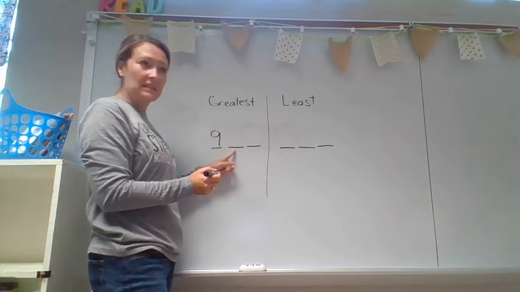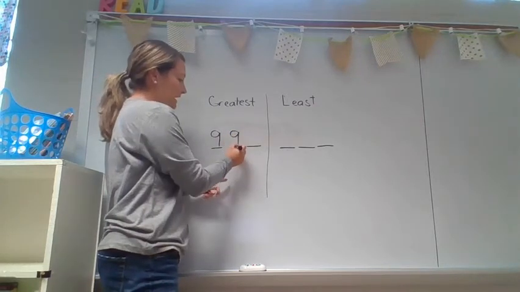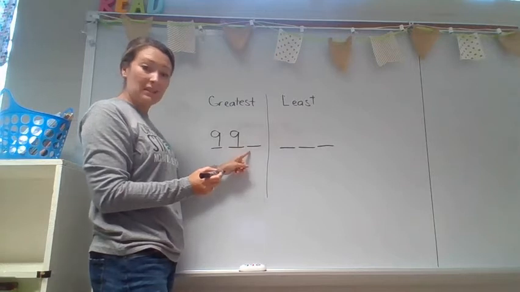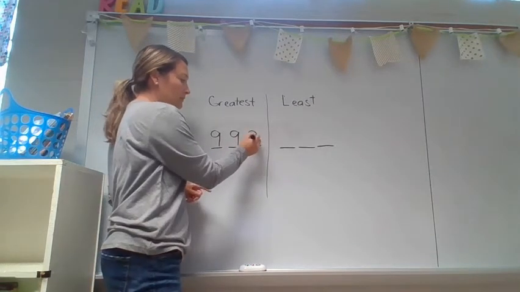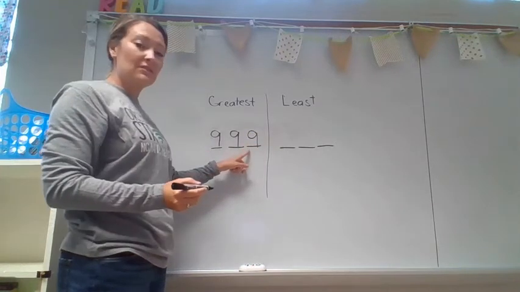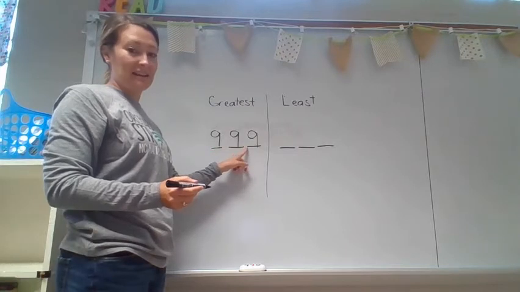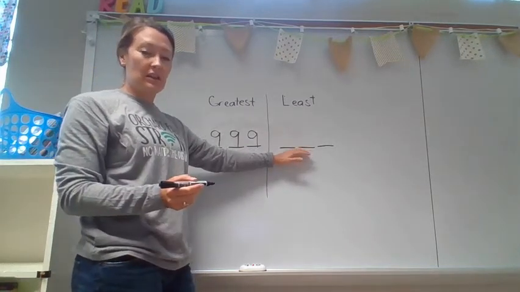But then in my tens place, I still want the greatest digit, right? So I'm going to go ahead and put a 9 in my tens place too. And in my ones place, I still want the greatest digit that's possible. So the greatest 3-digit number that I can create would be 999.